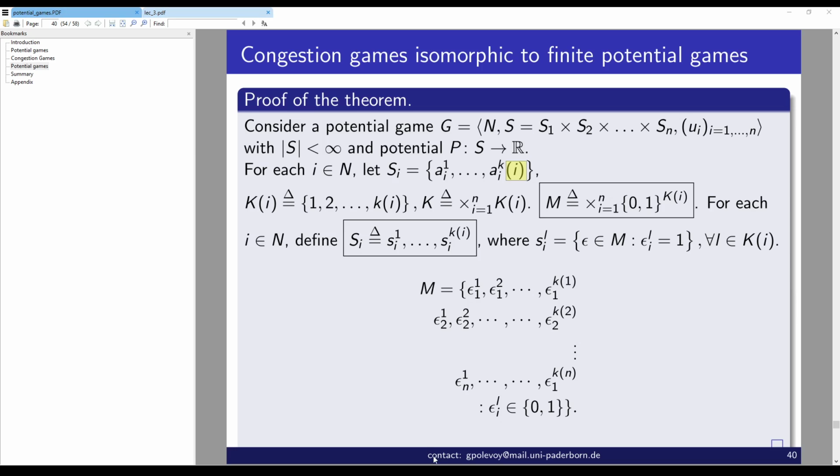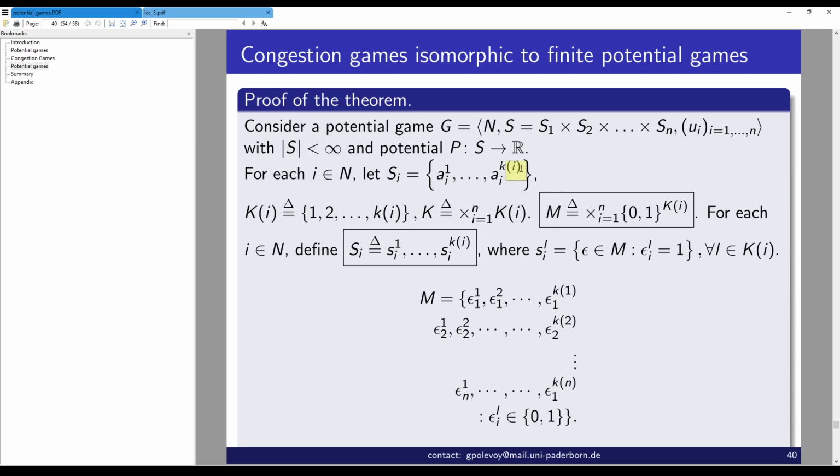Now I understand. Player i has k_i strategies, small k of i. Now it's better. Do you see it?